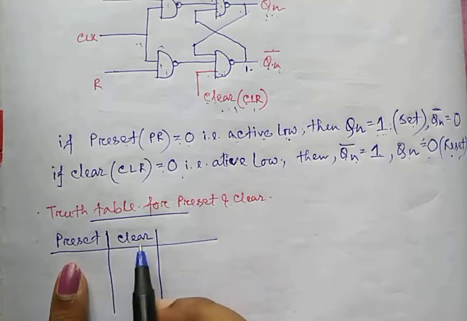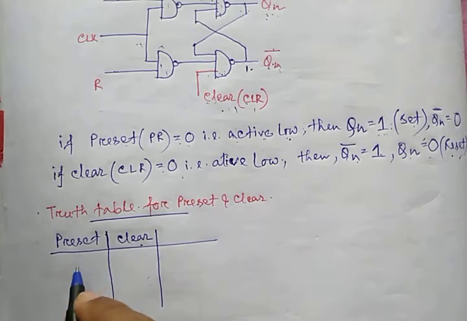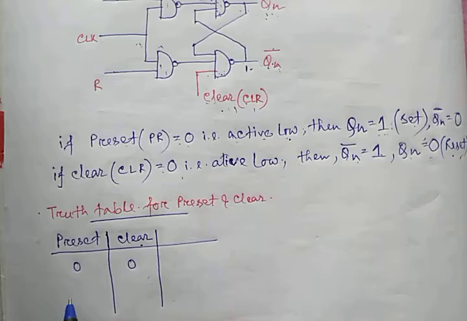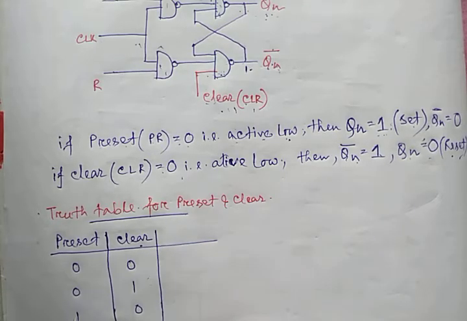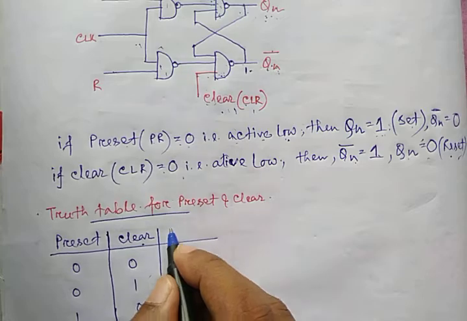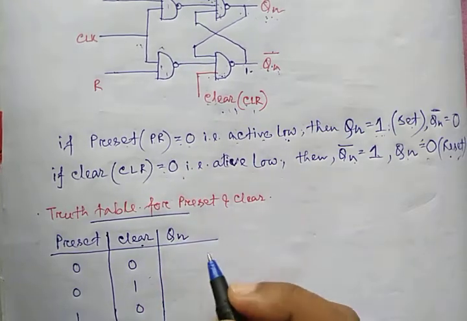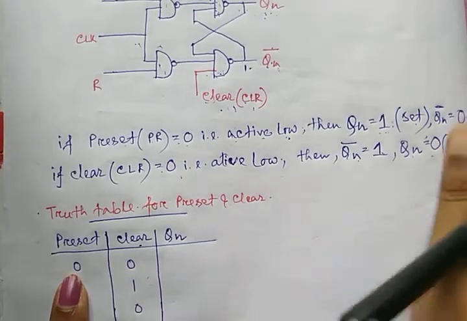As there are two input lines, we get 4 combinations: 0 0, 0 1, 1 0, 1 1. Let us see what will be the output depending on these conditions. First, 0 0.